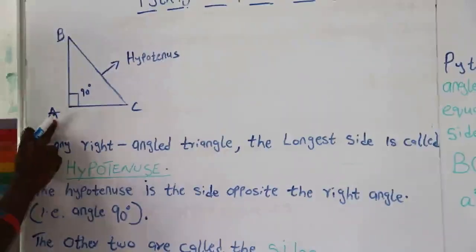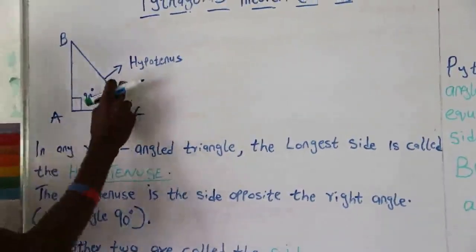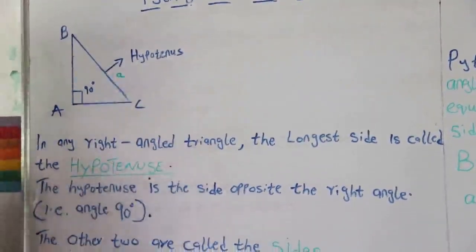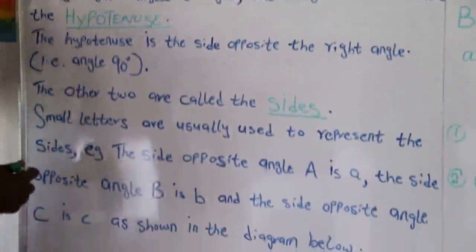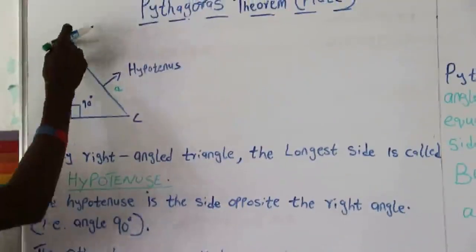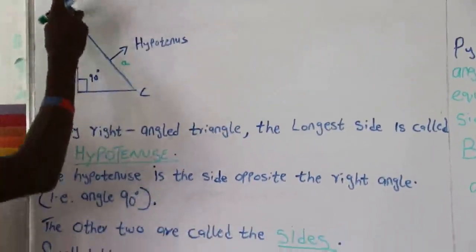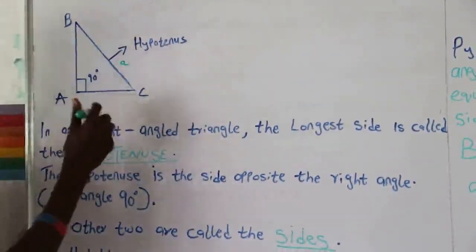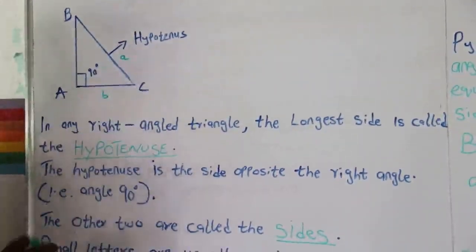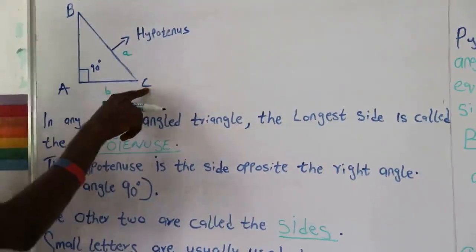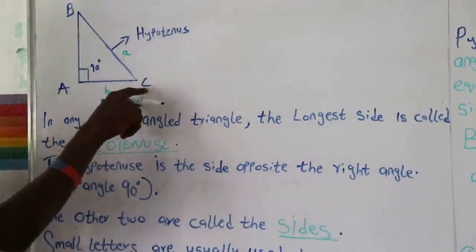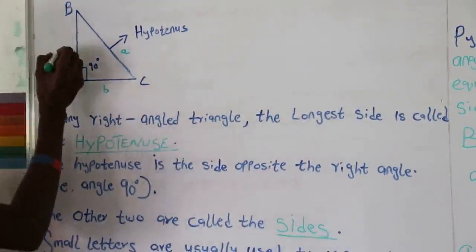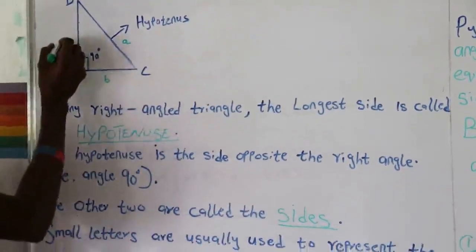Like we are having our capital letter A here, the side opposite it, we can call it the small letter a. So likewise, the letter B, this is angle B, the side opposite it, we can call it the small letter b. And this is our angle C, capital letter C, the side opposite it, you can call it the small letter c.